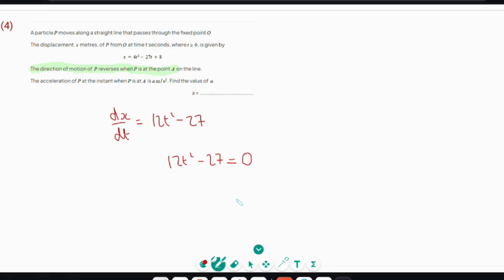I want to find when it's equal to 0, because that is when the direction of the motion reverses. So t is 1.5.